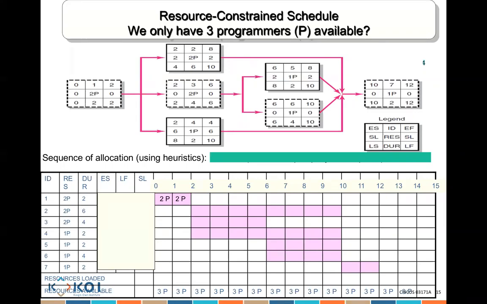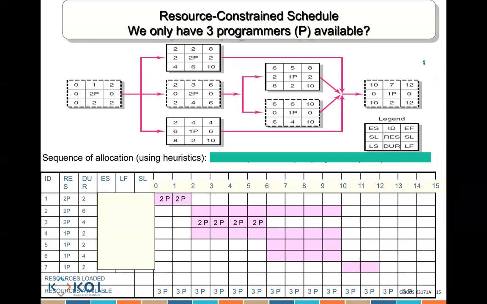Between which day and which day? 2 and 3? Why? How long is activity 3 going to take? From 2 to 6. So I have to put 2 to 6, 2p, 2p, 2p, 2p.